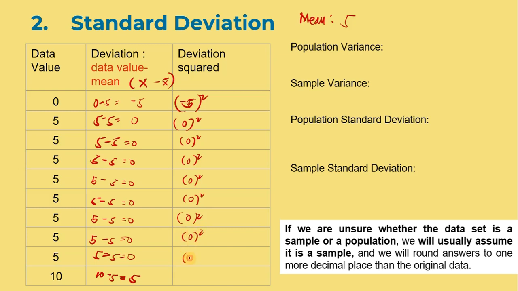I have really bad handwriting because the tablet is so slippery. So you square all of them. Negative 5 squared now becomes 25. 0 squared is just 0.